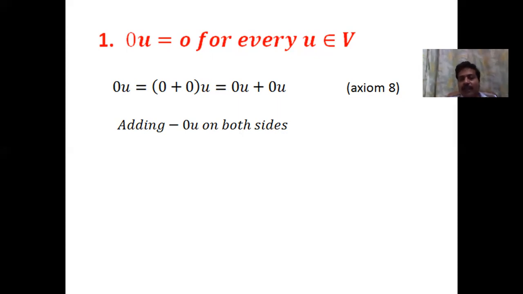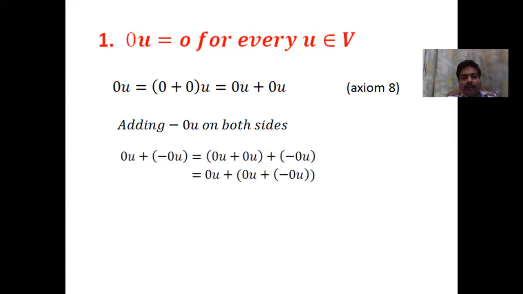So its negative is minus 0u. If we add minus 0u on both sides, you will get 0u plus minus 0u is equal to 0u plus 0u, which is already here, plus minus 0u. By associativity, you can interchange these brackets like this. That is axiom number 3.